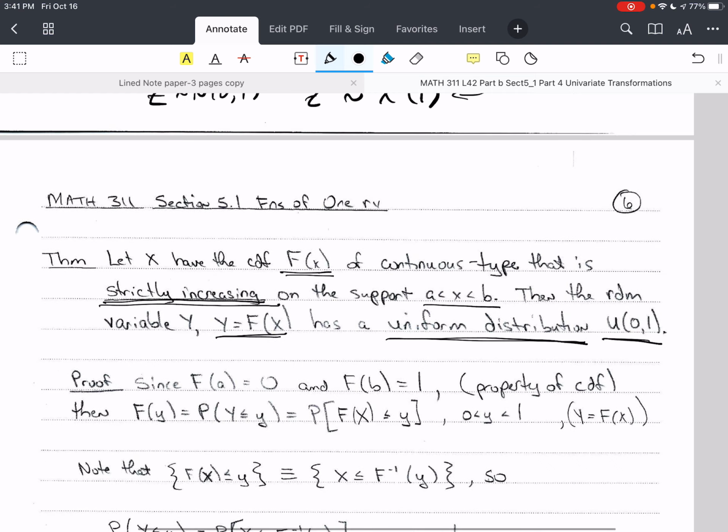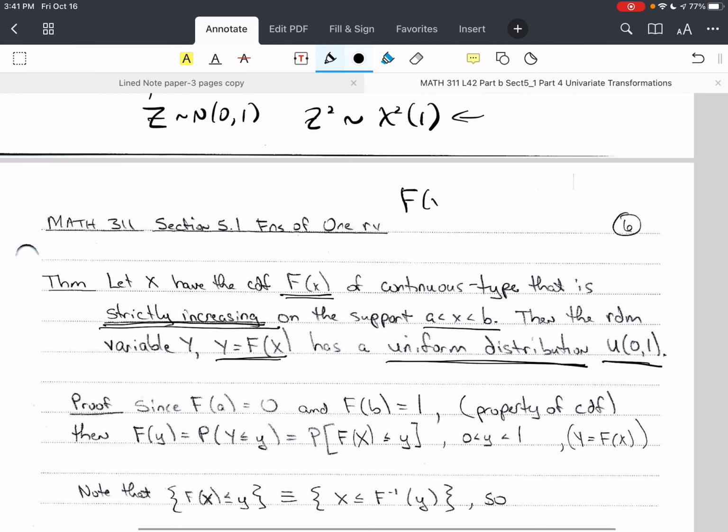Remember that from the definition of the CDF, we said that it would be 0 if x is less than, let's say, a, if that's the beginning of it. And then we'd have some function when x is between a and b. And then it would be 1 when x is greater than or equal to b.